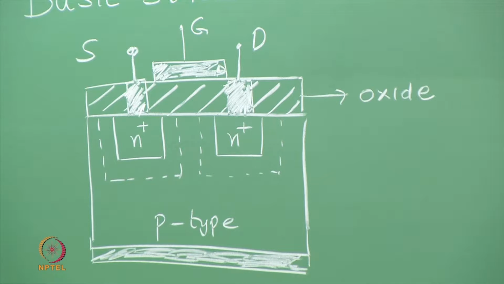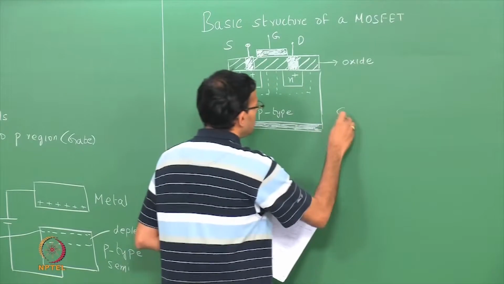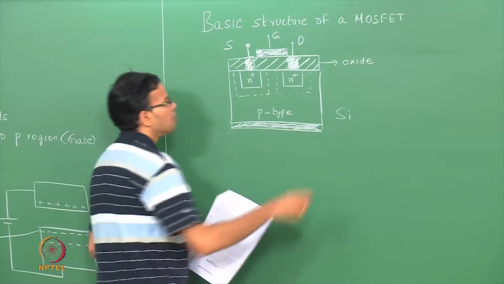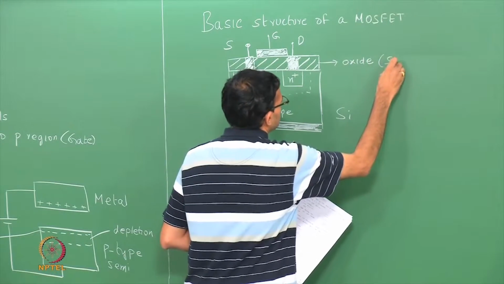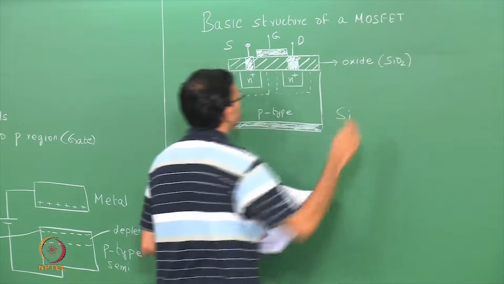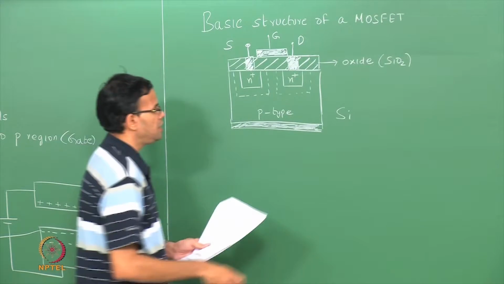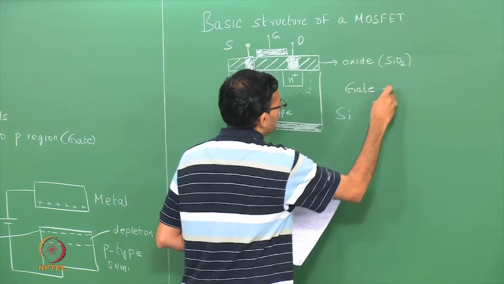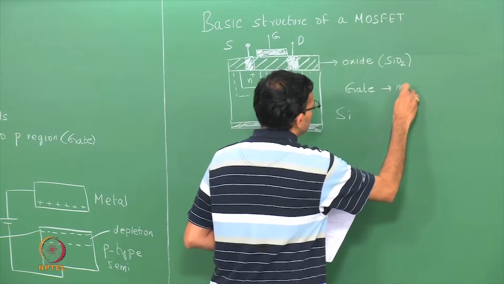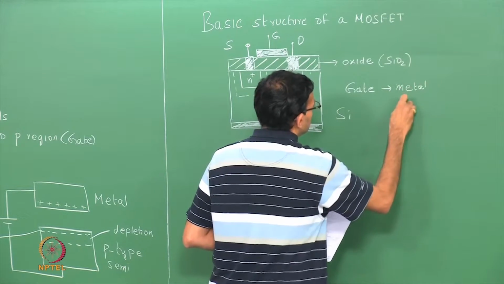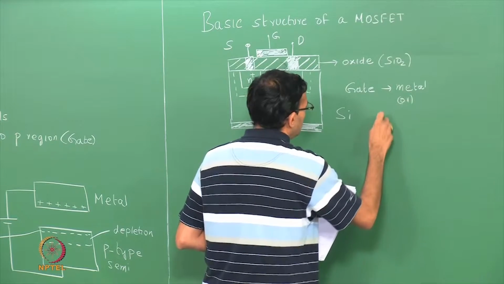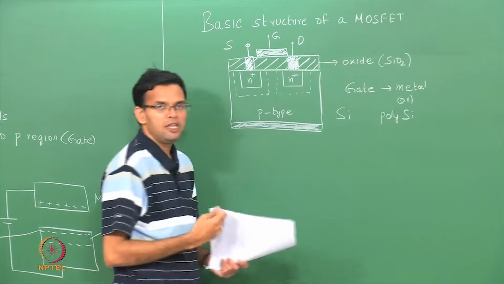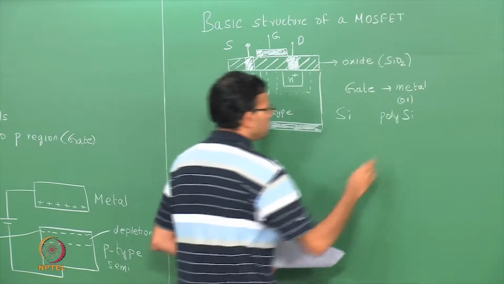So if this material were silicon, so you have p-type silicon and n-type silicon, then the oxide will essentially be SiO2. The gate material can either be a metal or it can be polysilicon, which is heavily doped so that it is conductive.